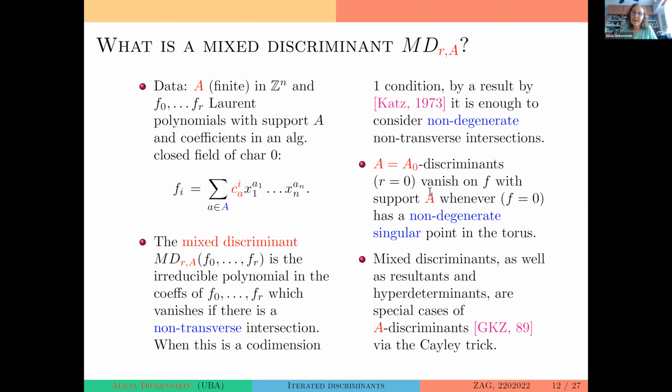And then if we take r equals 0, we recover the definition of discriminant that we had a second ago. Again, we can take the closure of the coefficients for which there is a singular point which is non-degenerate. And these mixed discriminants, as well as resultants and hyperdeterminants, are all special cases of these A-discriminants that I just told you about via what's called the Cayley trick.